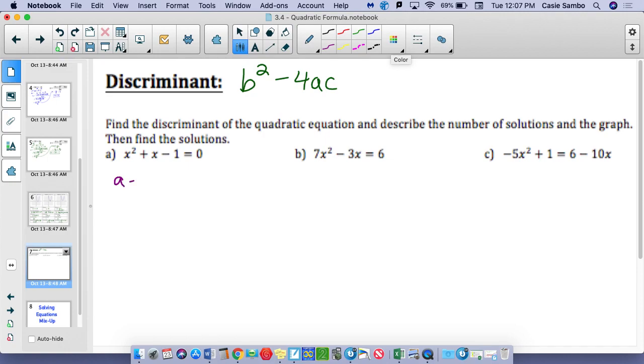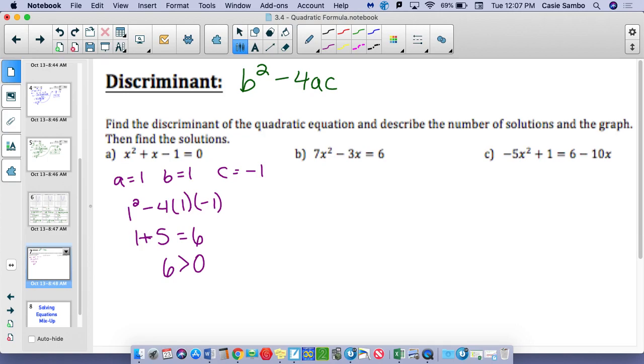So if we do our a equals, our b equals, and our c equals, we'd end up with 1 squared minus 4 times 1 times negative 1, or 1 plus 4, which equals 5. I multiplied funny. My bad.